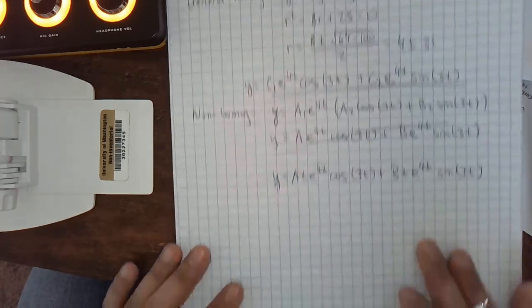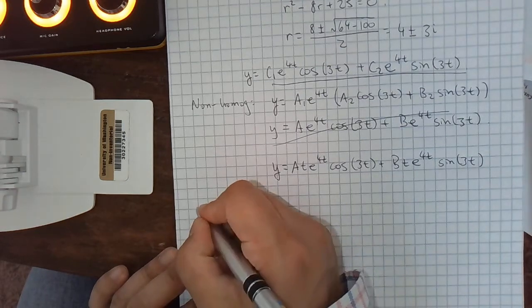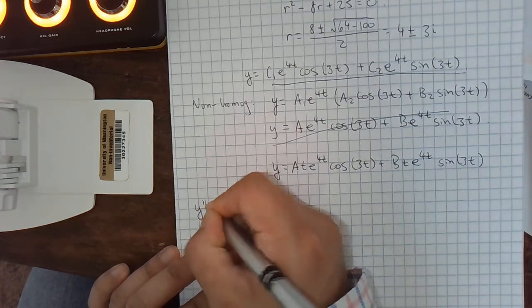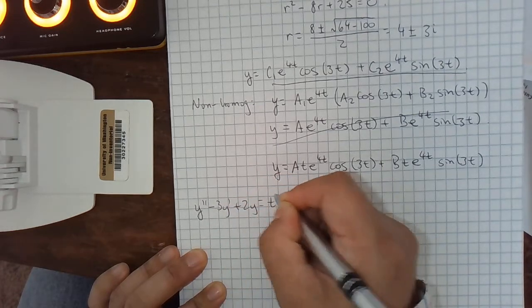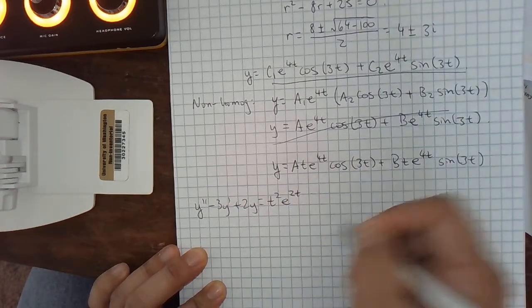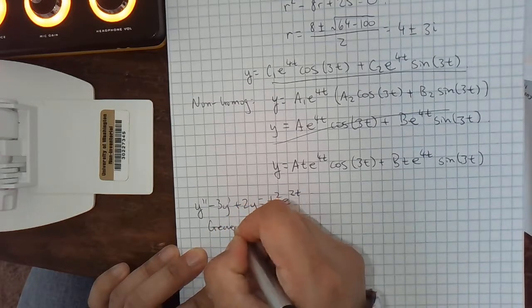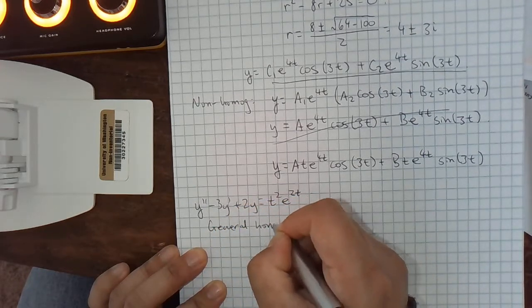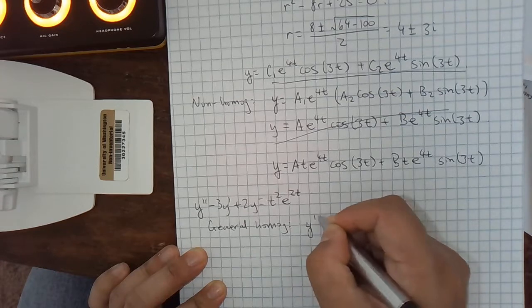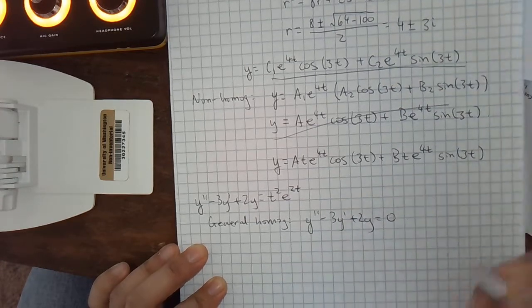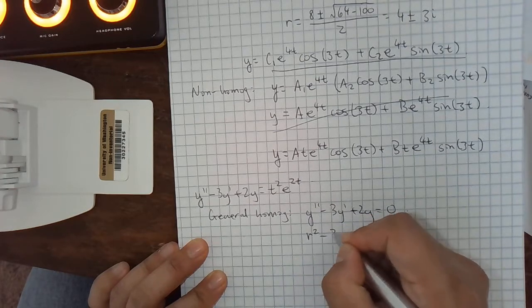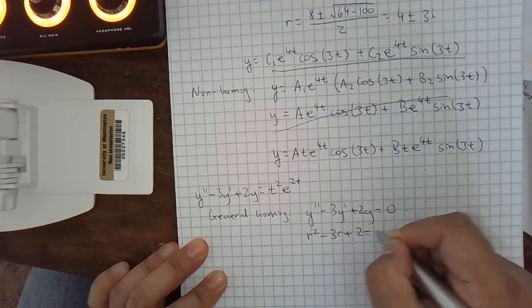Okay, and then one more example of something that might need to be fixed. y double prime minus 3y prime plus 2y equals t squared e to the 2t. So let's look at the homogeneous version. We get y double prime minus 3y prime plus 2y equals 0. Characteristic equation is r squared minus 3r plus 2 equals 0.